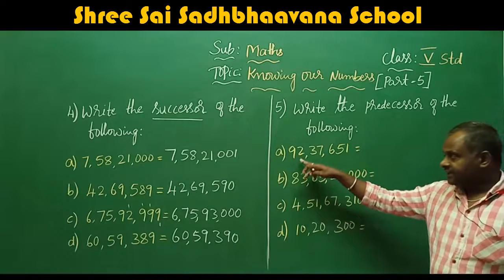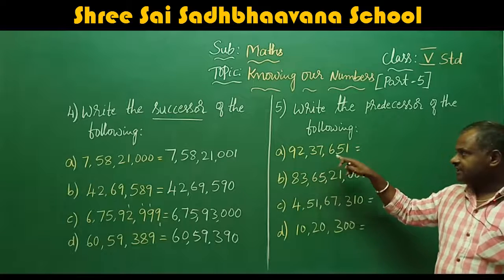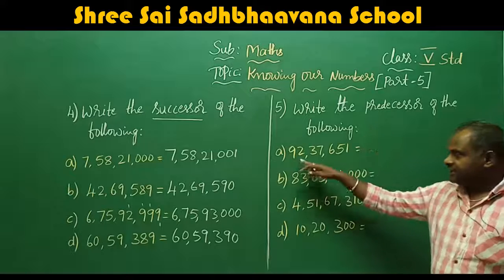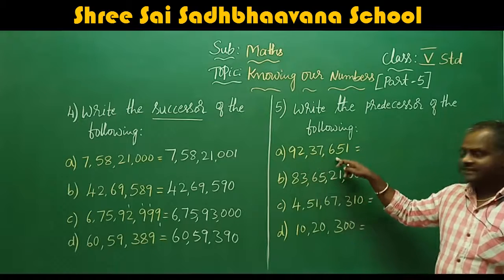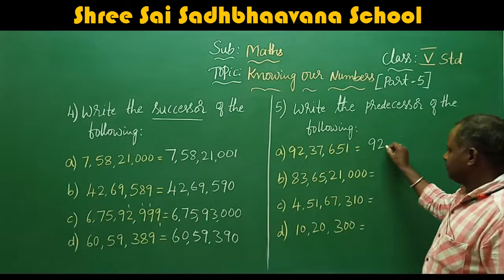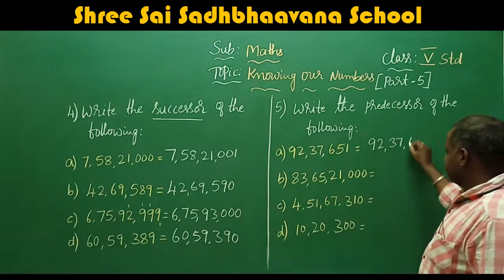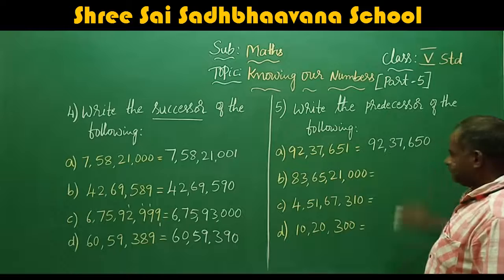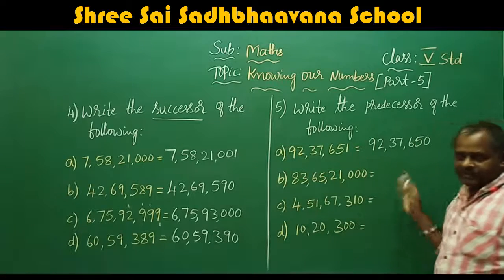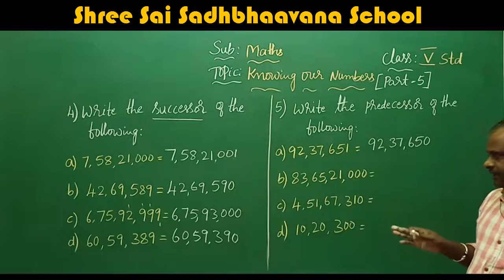Here they have given 92 lakhs 37,651. The predecessor number is 92 lakhs 37,650. In the successor you added 1, here you subtract 1 from the given number.